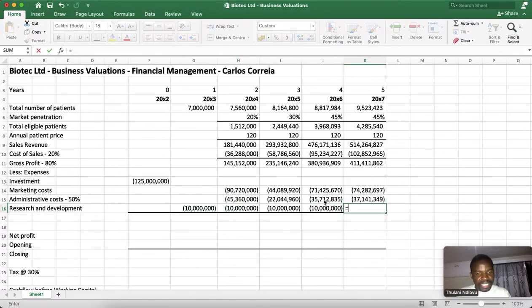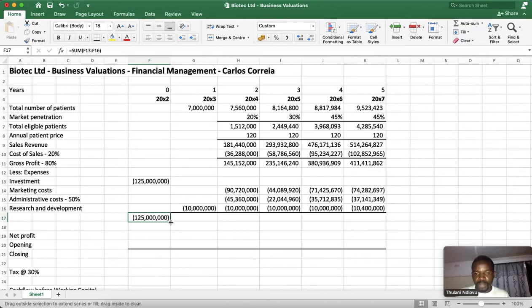Then from 20x7, it will be 20x6 multiplied by 1.04. That's where the growing perpetuity starts. Then from here, we can have our sum of total expenses. We can copy the formula there.